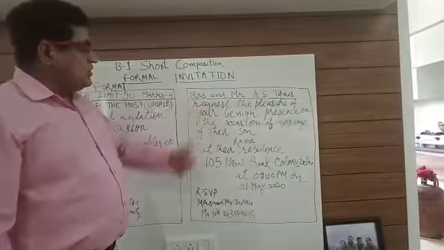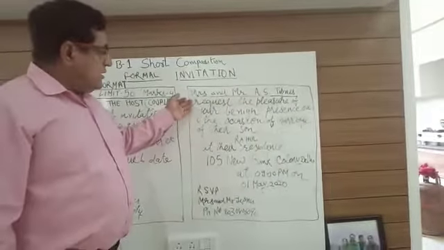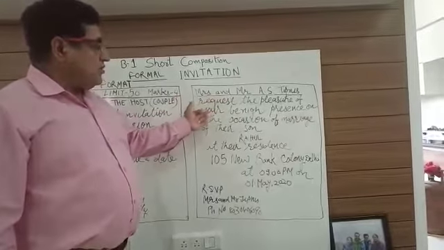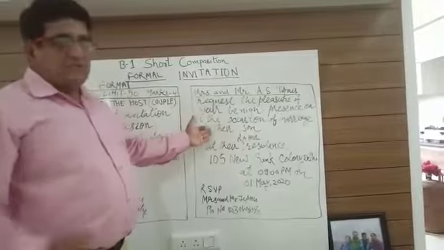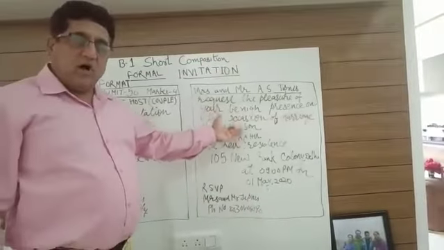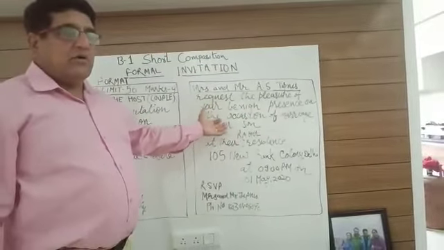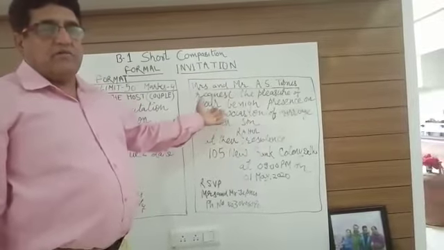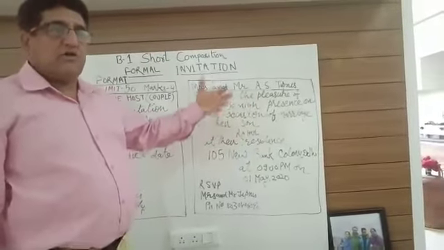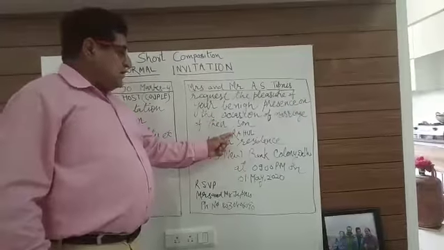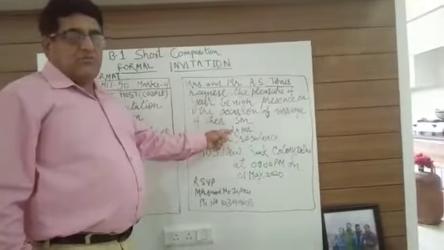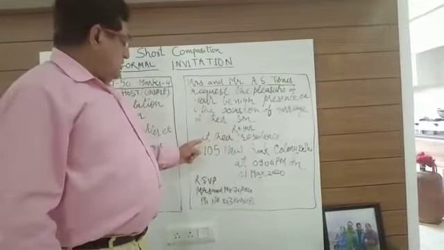We generally use these eloquent lines like request the pleasure of your benign presence on the occasion of the marriage of their son, marriage of their daughter, or on the golden jubilee celebration, on the silver jubilee celebration of this or that organization. If we are using their son, it means the name of their son here is Rahul.